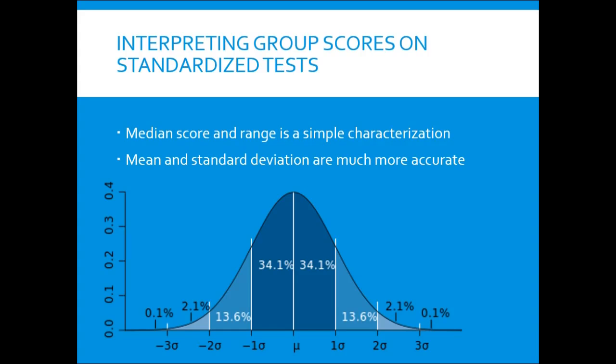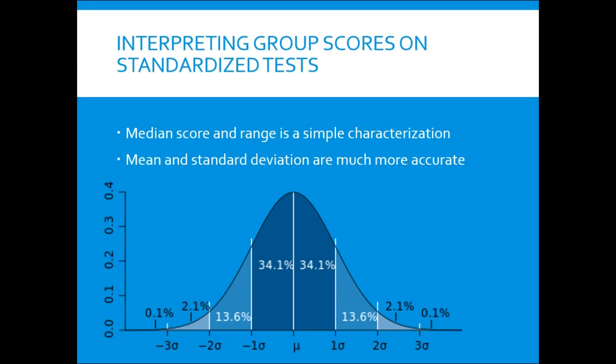Moving out on either side, you can see at -2 and +2, an additional 13% on either side. What you really see here is that a relatively small proportion of scores occurs beyond -2 or +2 standard deviations, just 2% on either side. And this is a really helpful way of thinking.